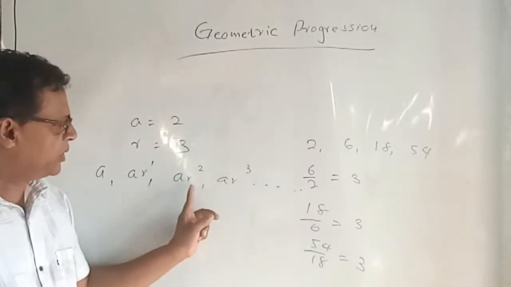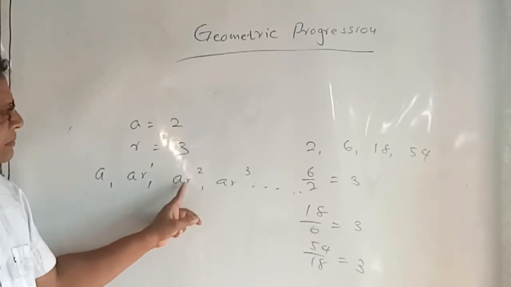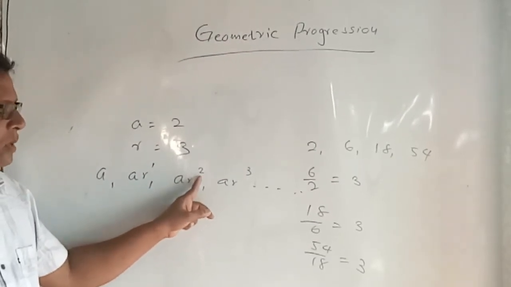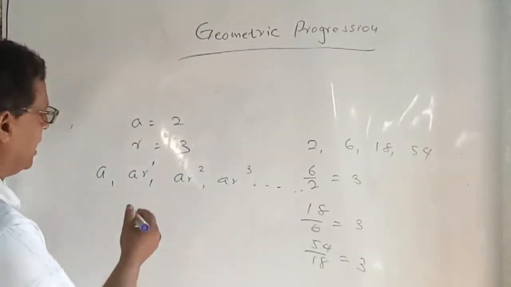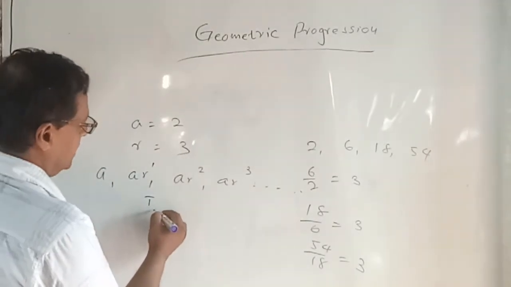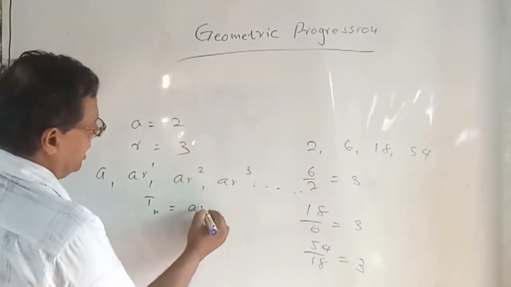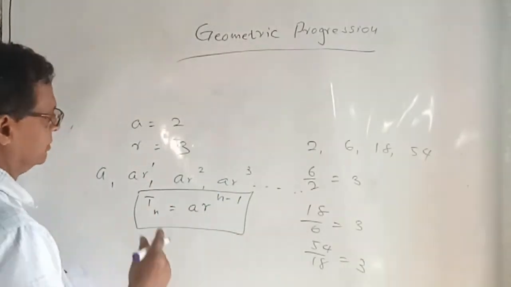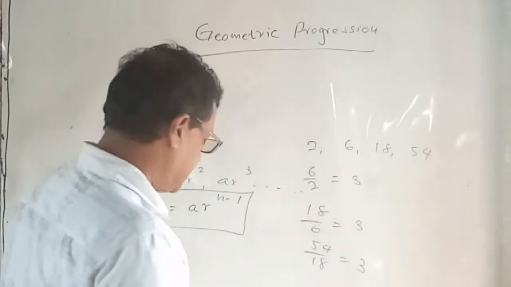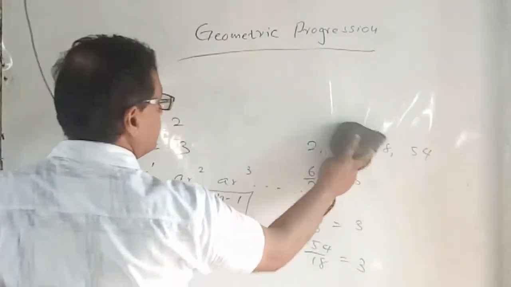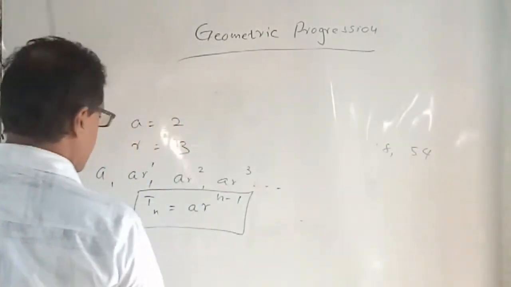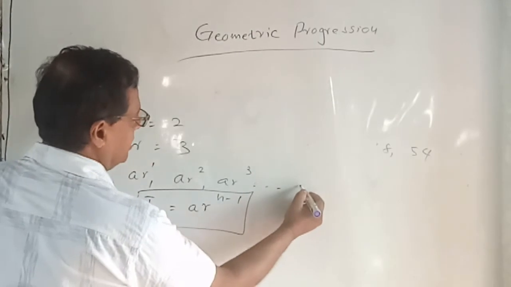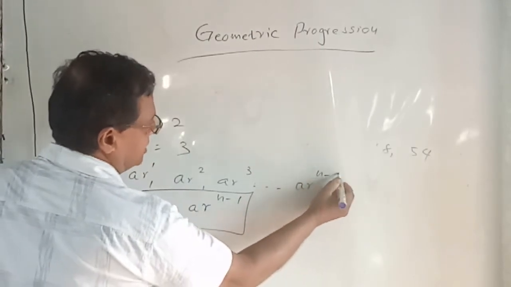When you are reading the third term, the power of r is 2. So you can just think that the general term is tn equals ar to the power n minus 1. So in this case, the nth term will be ar to the power n minus 1.